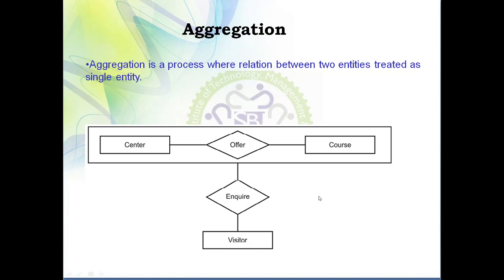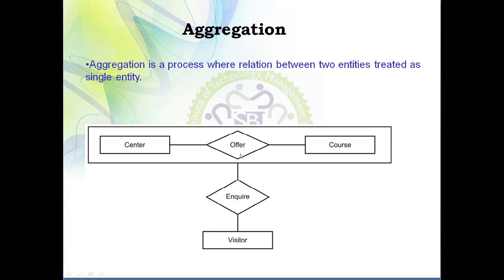Now in this particular example we can observe that offer is a relationship between center and course. So how can you read this diagram? Center, offer, course. Here offer is a relationship, but later on in the second part it becomes an entity. So how are you going to read this? Visitor, enquire of offer.